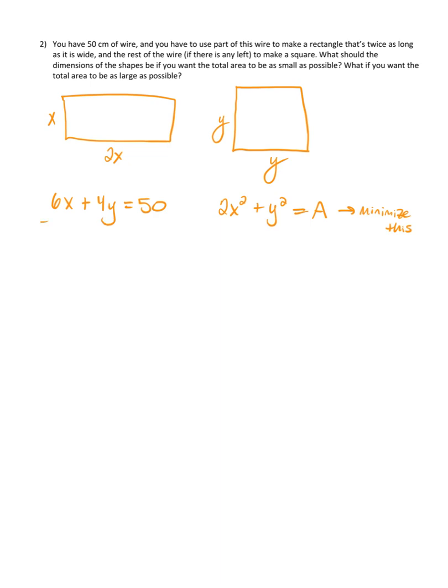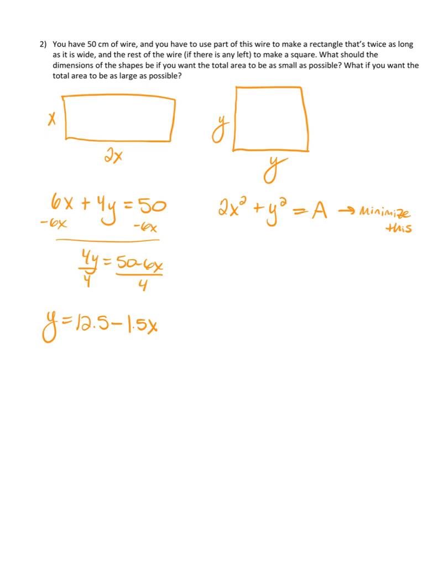So I'm going to subtract 6x from both sides, and I get 4y equals 50 minus 6x, divide by 4, and I get y equals, now I can do the 4 into both terms. 50 over 4 is 12 and a half. And 6 over 4 is 1 and a half.